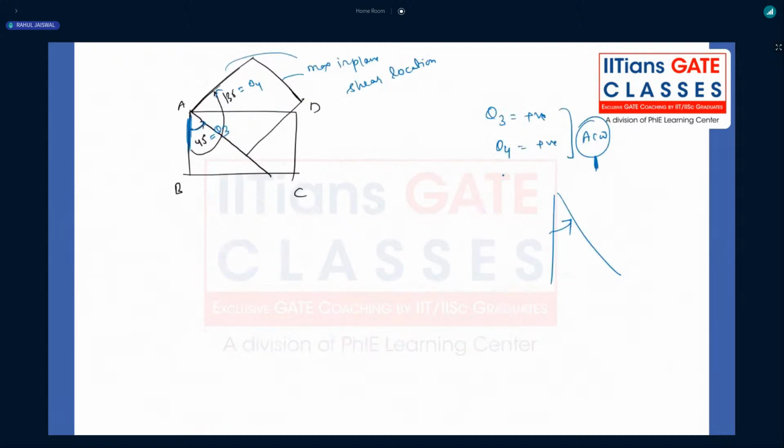Now tell me, this plane which has been tilted, on this particular plane I will get some maximum value. I don't know the sign as of now, right? Let me denote it by tau max. This will be like this, tau max. But tell me, in this state of stress where the maximum in-plane shear locations are there, whether normal stress will be there or that will be zero.